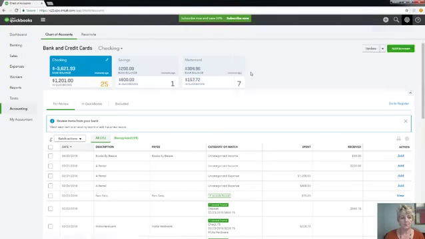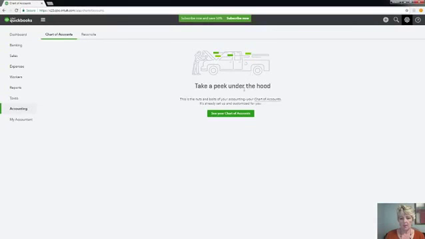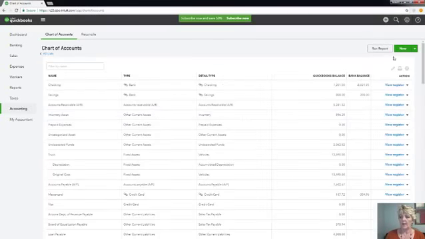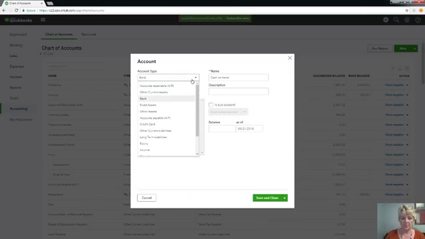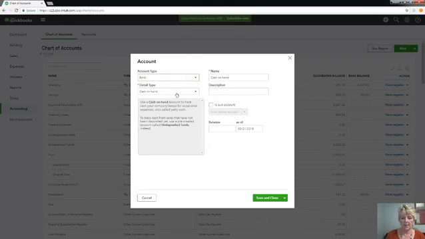Here we go. We're going to see our chart of accounts, and add a new one. We're going to call it a bank account, and it's cash on hand. We can call it cash on hand like this says, or we can call it petty cash.